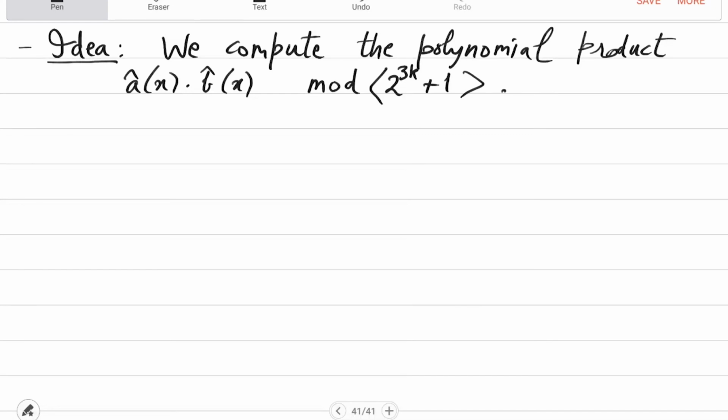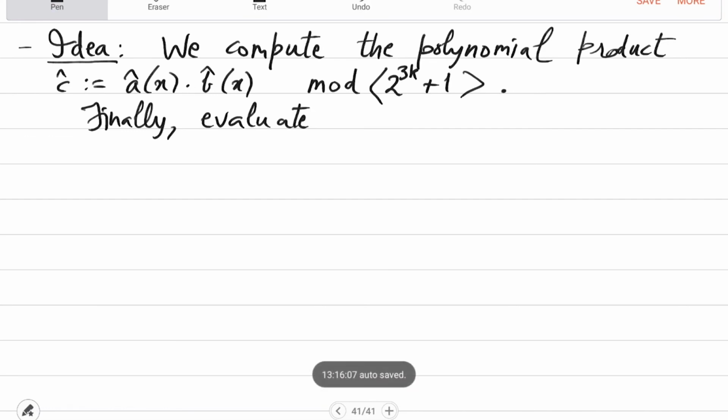We basically want to save on the integer arithmetic as much as possible, and so to do that, we go modulo this 2 raised to 3k plus 1. So this A hat B hat is C hat. Finally, evaluate C hat at 2 raised to k. Okay, that is the idea.